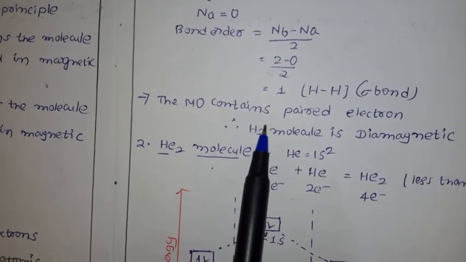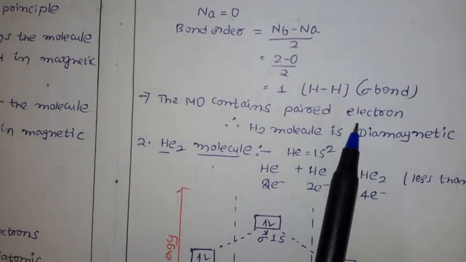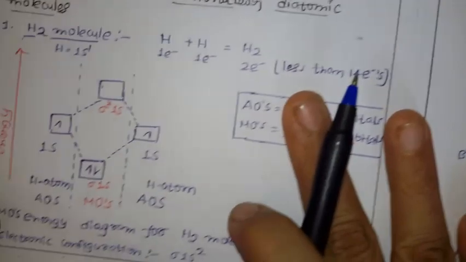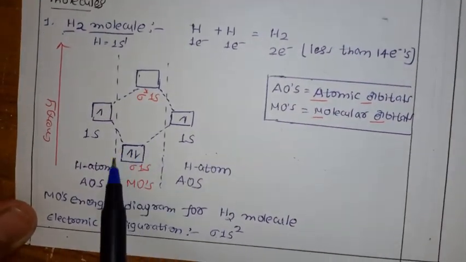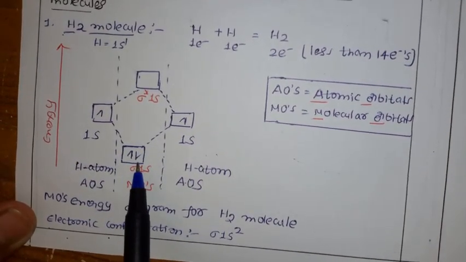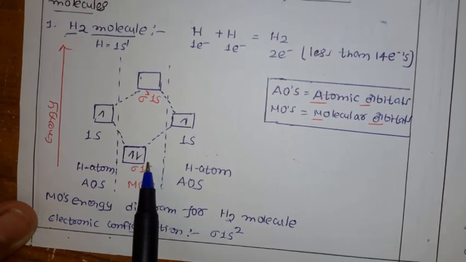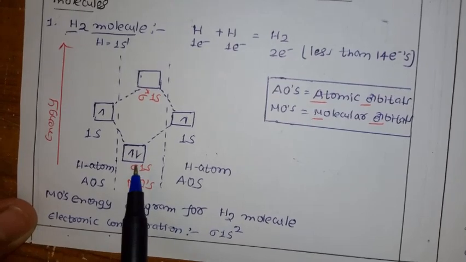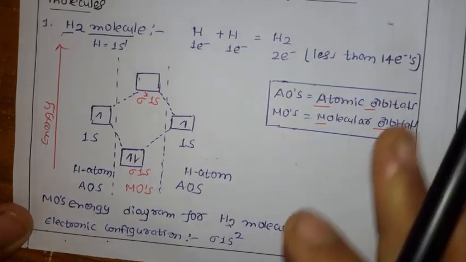So the molecular orbital contains paired electrons, so the hydrogen molecule is diamagnetic. How? If you see here in the energy profile diagram, in this molecular orbital, the 2 electrons get paired. We already discussed that if we have paired electrons, the nature of the molecule is diamagnetic.